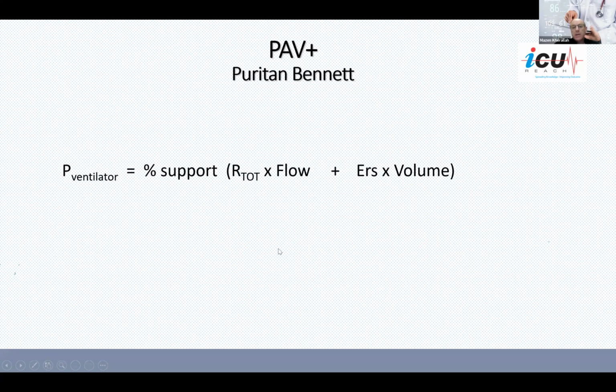Now, in predetermined Bennett, we decide what is the percentage of the work of breathing that the machine needs to take over. You can set this from 0 to 95%. You always want the patient to do some work.